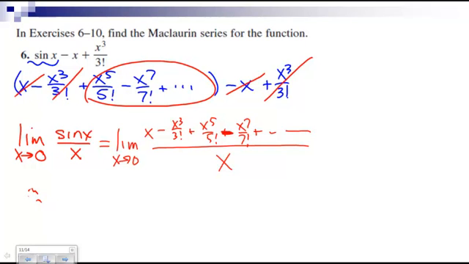Let me just switch the color of my pencil. Can we clean up that expression? Yes, we can. We can cut out 1 x from every single term on the top.